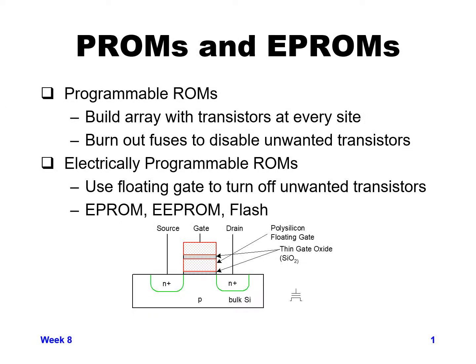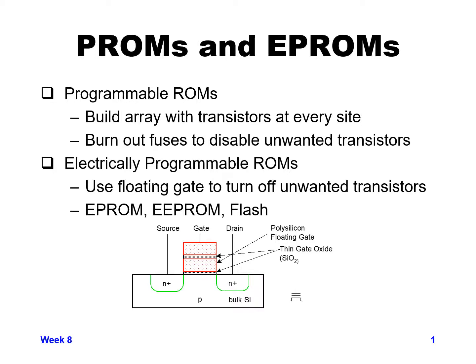A couple other ways to do ROMs is to do, there's two other types of ROM arrays that you can get. One is programmable ROMs, or PROMs, and another is electrically programmable ROMs, which are EPROMs.